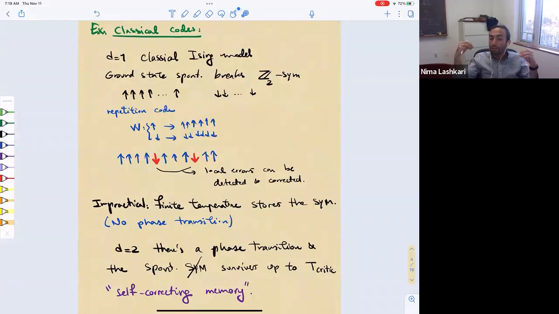The errors are independent. So you see, these are my two states, the code subspace I've prepared. On this code subspace, errors occur because of interaction with the environment, and the action of the error is completely independent. This is roughly how we encode.